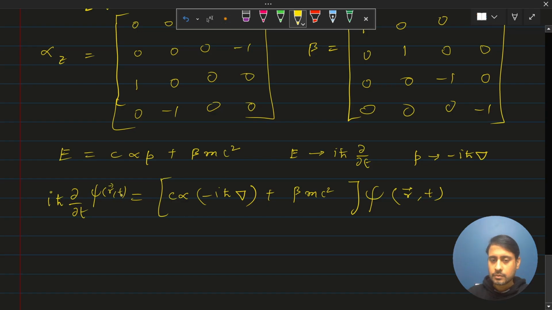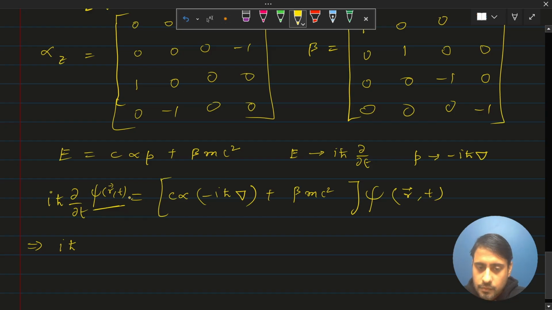Okay, so now let's apply these operators. So this will be i h bar. So now you know the structure of this psi we have already discussed.